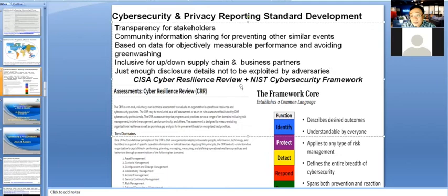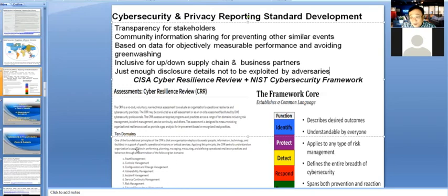So here is my hint for how you can develop this. If you are in the cybersecurity area, you are pretty familiar with the CISA Cyber Resilience Review plus the NIST Cybersecurity Framework. They talk about 10 domains for how you can be cybersecurity resilient, for example asset management, incident management, and risk management.